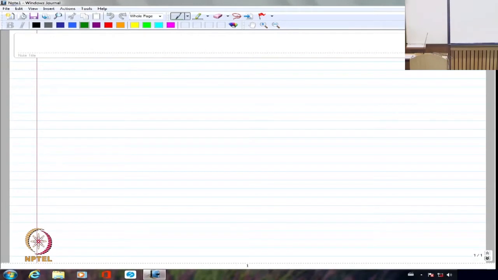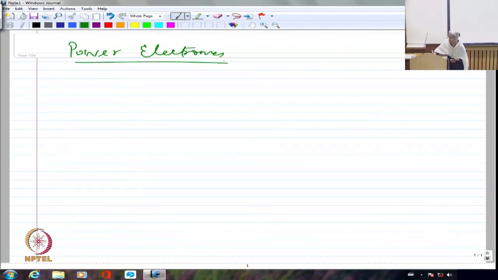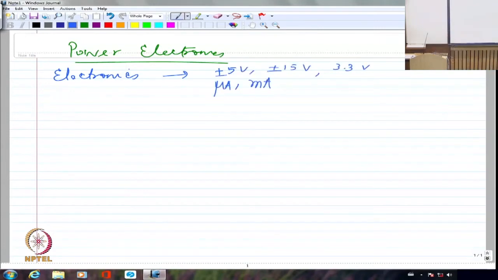In electronics, normally we handle 15 volts or 5 volts, nothing more than that. So let me explain power electronics versus electronics. In electronics, you are going to handle only 5 volts, 15 volts, plus or minus 5 volts, plus or minus 15 volts, 3.3 volts and so on.